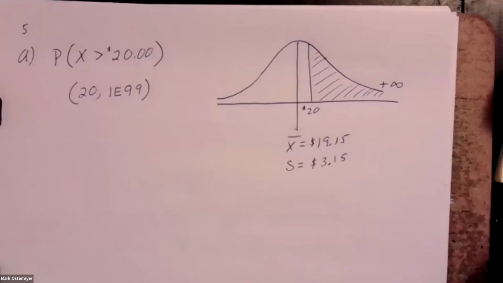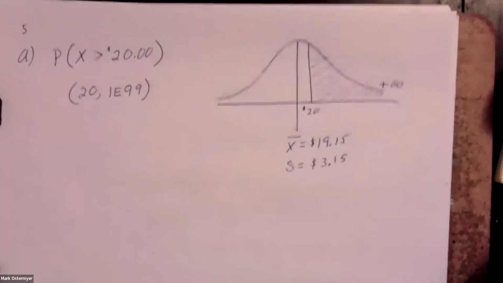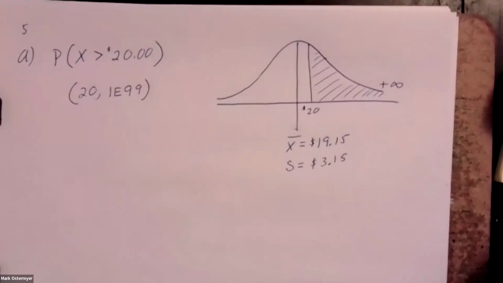Let's click on it. Now the lower bound of this interval is 20. The upper bound is 1e99. The mean of this distribution is $19.15. And the standard deviation is $3.15. Let's calculate the area. And there we go. This is our area, 0.3936.